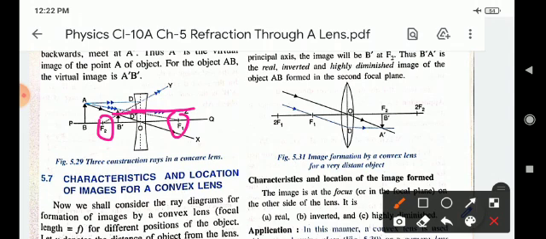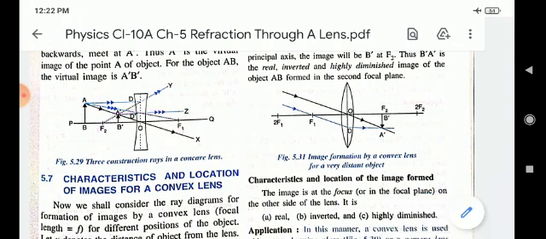Thus, A dash is the virtual image of the point A of the object. For the object AB, A dash B dash is the virtual image.